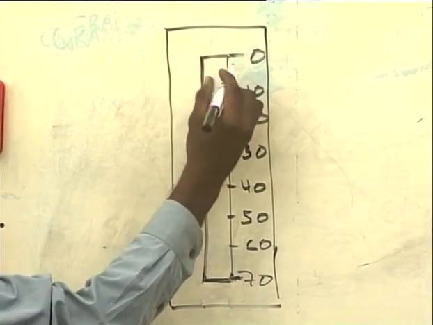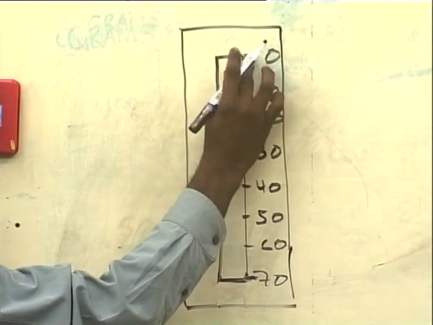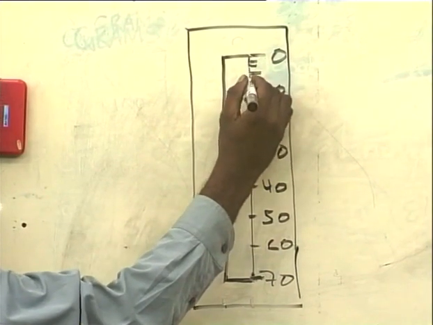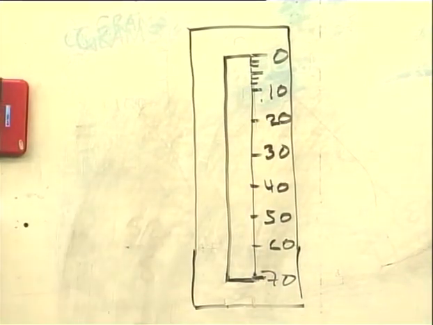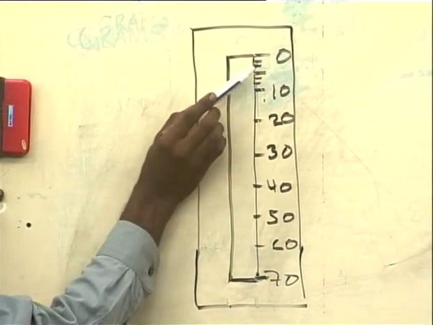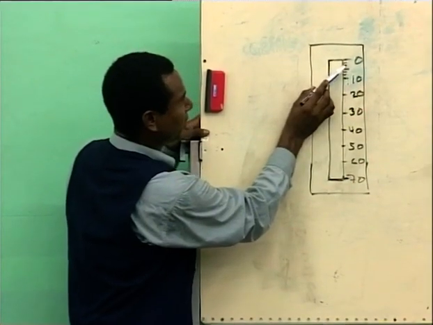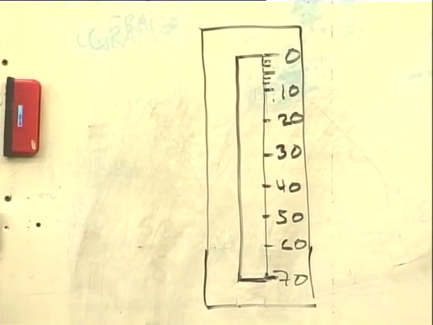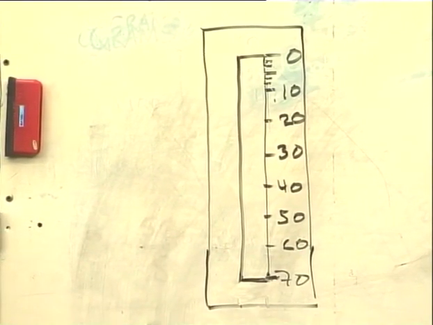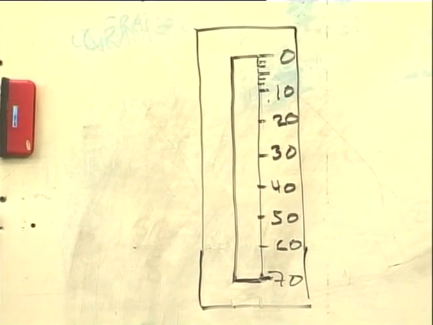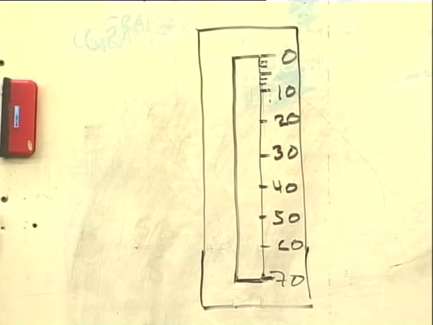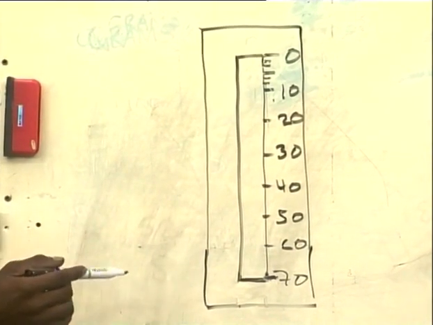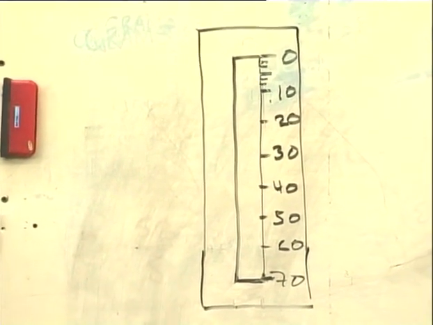So if there are 5 scale divisions, what is the value of one of these scale divisions? Buckley, what do you think? If there are 5 scale divisions, what is the value?